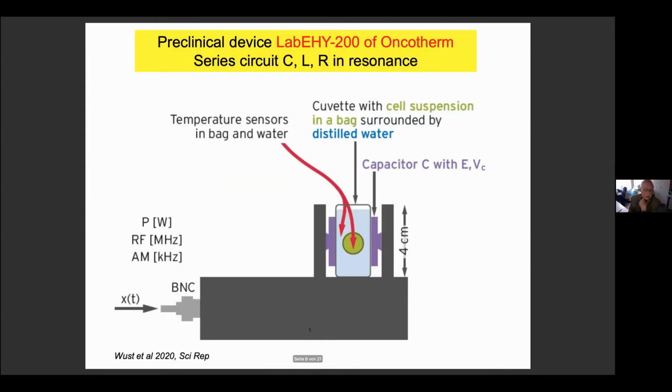So in our study, which we have just published in Scientific Reports, we use the preclinical device of Oncotherm, the lab EHY200, and this is basically a series circuit. Between the electrodes you can calculate the E-field amplitude.